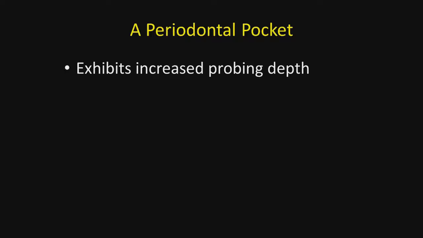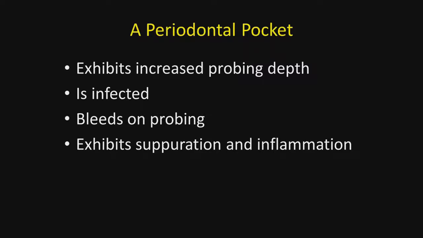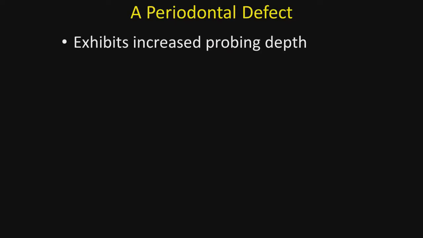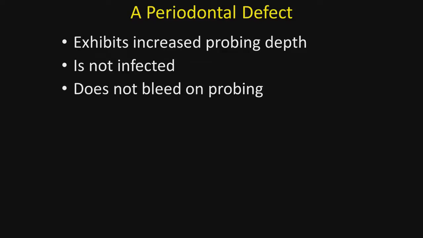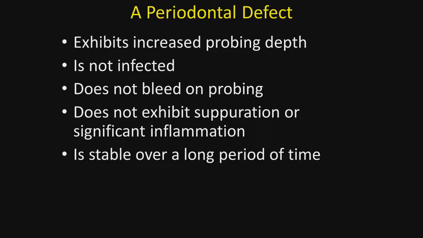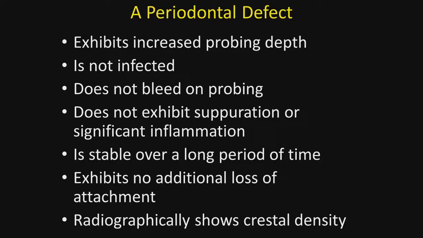It exhibits increased probing depth, infection is present, bleeds on probing, exhibits suppuration and inflammation, whereas a periodontal defect exhibits increased probing depth, is not infected, does not bleed on probing, does not exhibit suppuration or significant inflammation, is stable over a long period of time, and exhibits no additional loss of attachment, and radiographically shows crestal density.